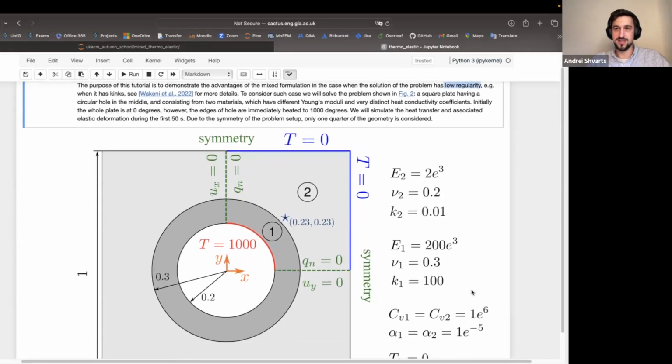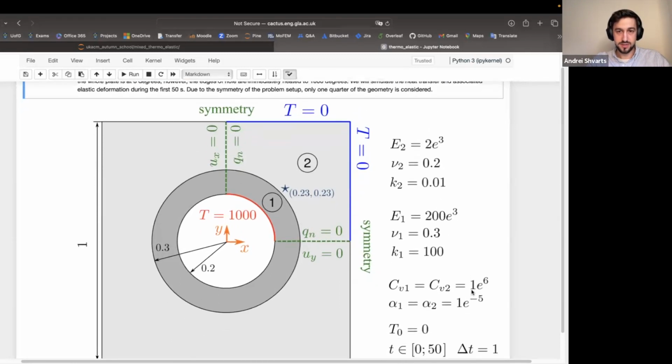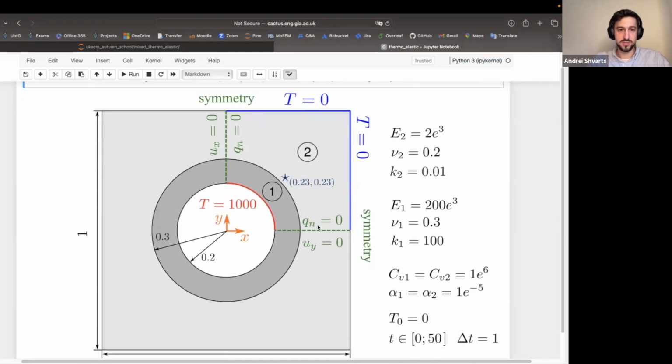And we will see in detail what that means a bit below, but for the moment, I just want to highlight that material 1 is hard, has a high value of Young's modulus, and has a high value of the thermal conduction coefficient. So the heat is going to go quite quickly for material 1, while material 2 is soft, has a lower value of the Young's modulus, and it has a much lower thermal conductivity coefficient, meaning that heat is going to conduct very slowly through domain 2.